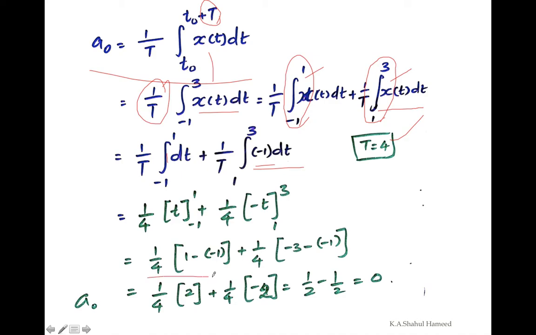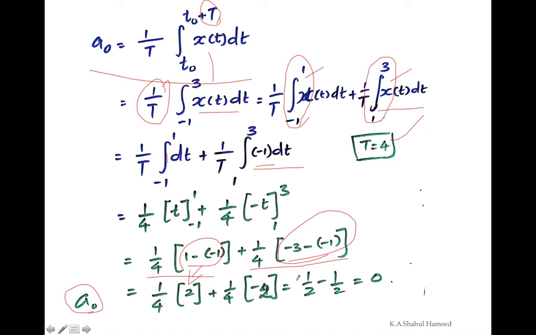You will get 1 by 4 times (1 minus minus 1) plus 1 by 4 times minus (3 minus 1). So a naught is equal to 1 by 4. When we add this, you will get 2, so 1 by 4 into 2. Here, minus into minus is plus, minus 3 plus 1 is minus 2.